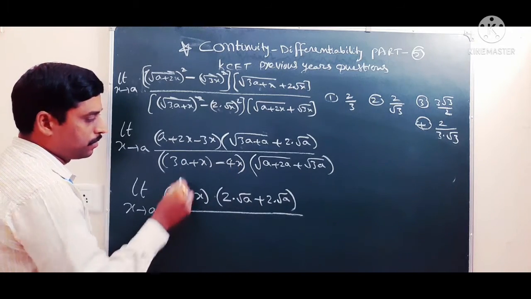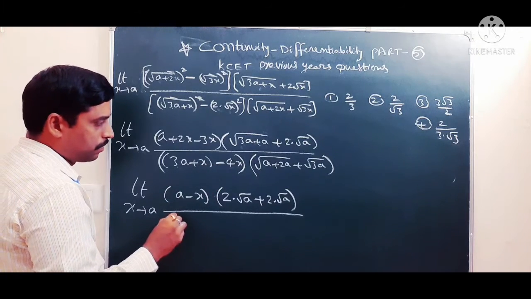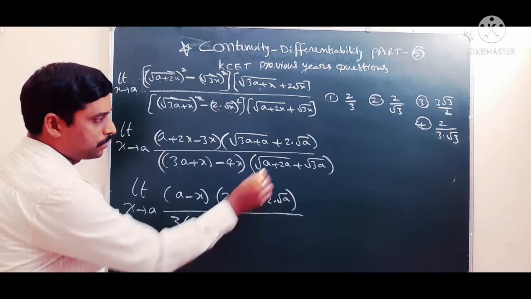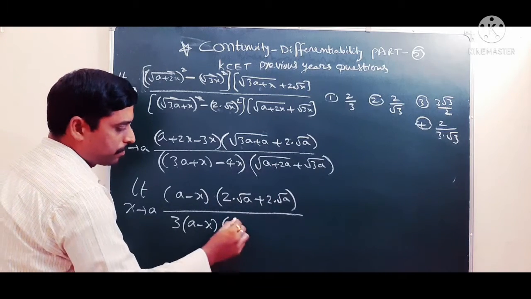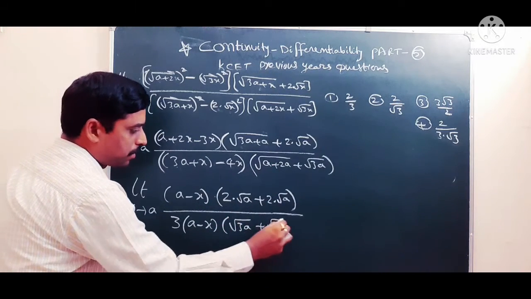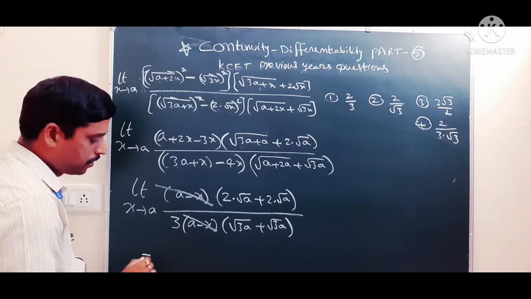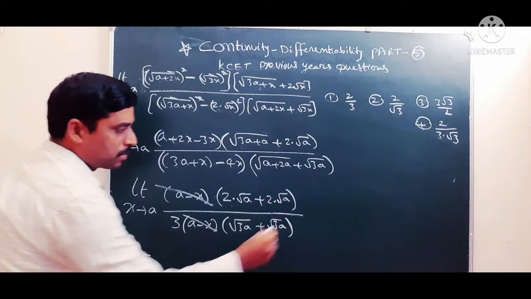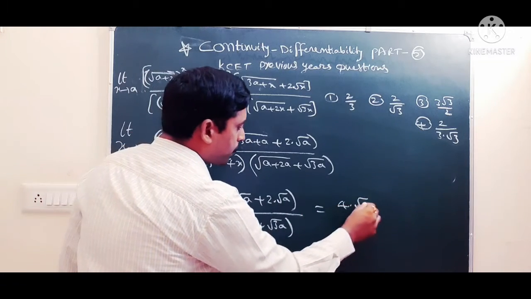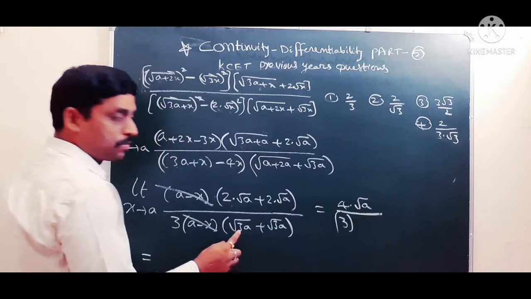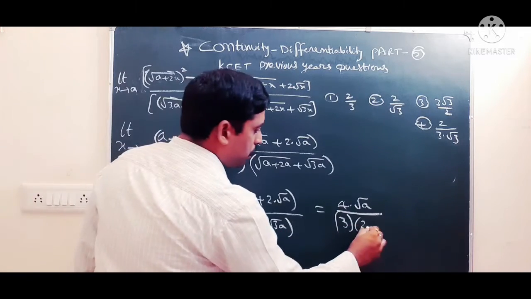In this, take 3 out common: a minus x into this value, root 3a plus root 3a. In this, a minus x gets cancelled. 2 root a plus 2 root a will be 4 root a. So the denominator is 3 times root 3a plus root 3a, 2 into root 3a.